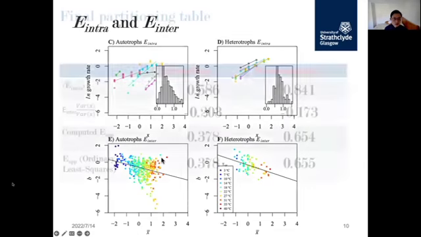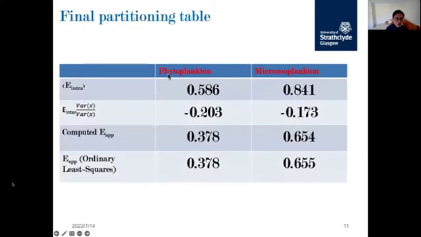This is the final partitioning table. In terms of the apparent activation energy, there is indeed a greater temperature sensitivity in the microzooplankton, or the heterotrophs, than in the autotrophs. If you partition them into intraspecific and interspecific components, you can see most of the difference comes from the intraspecific component.